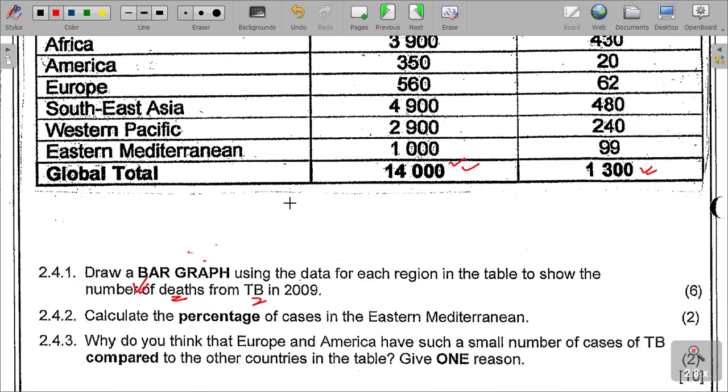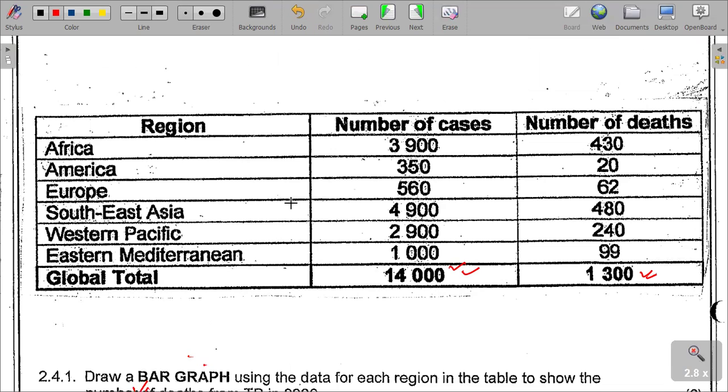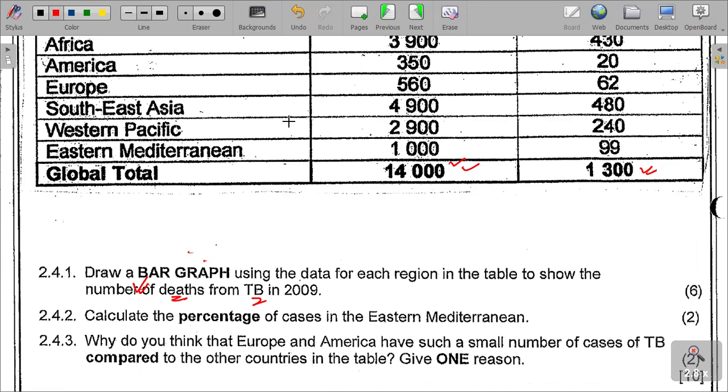As you can see, the table says number of cases and number of deaths. So our bar graph is based on the number of deaths, which means we are supposed to look at that column.